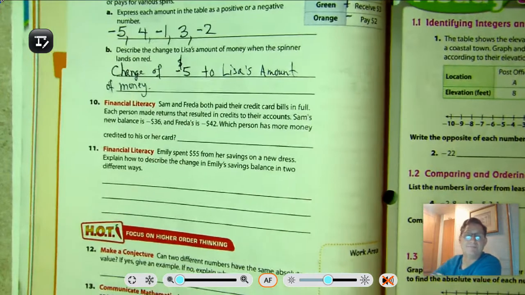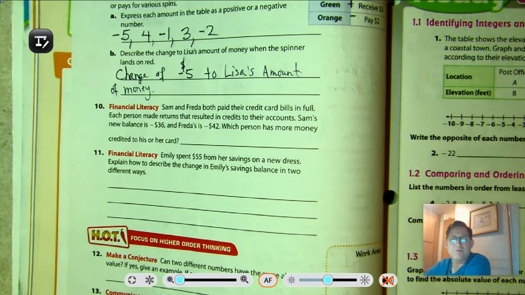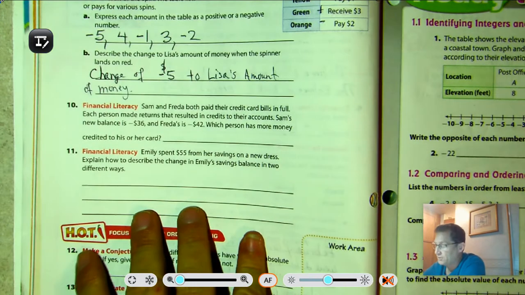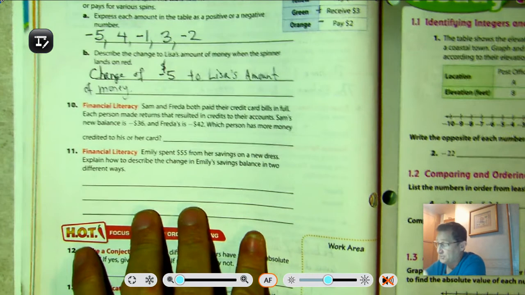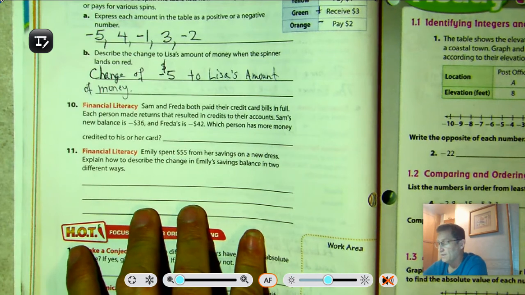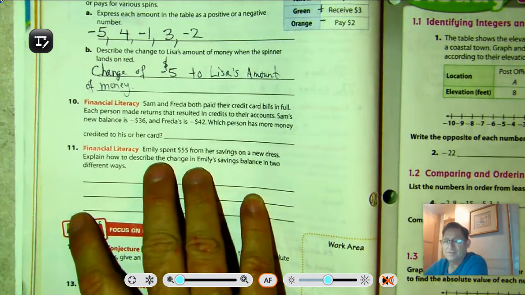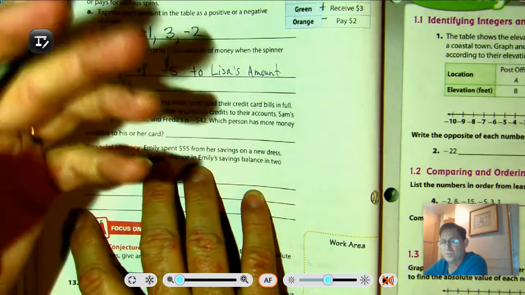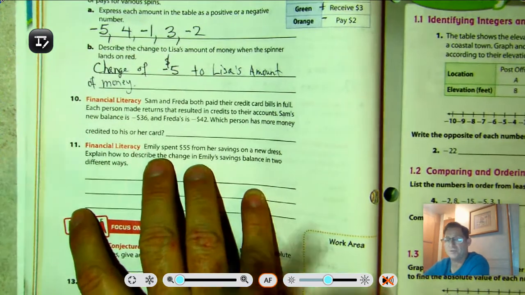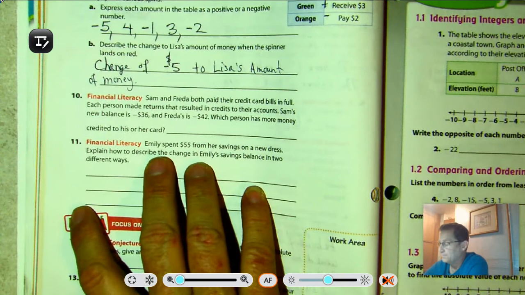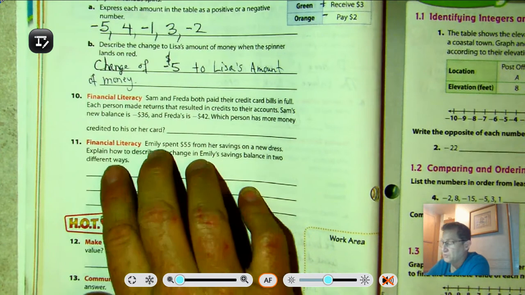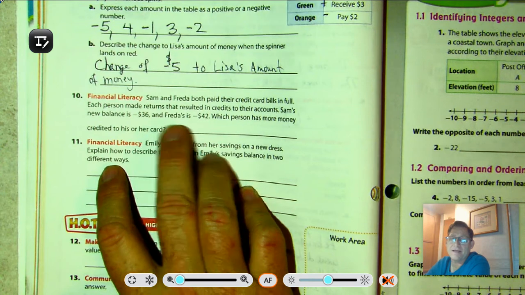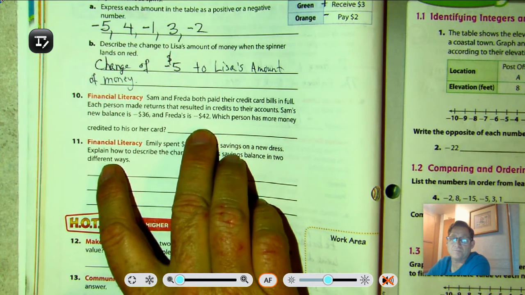All right, 10. Sam and Freda both paid their credit card bills in full. Each person made returns that resulted in credits to their accounts. So that means you bought a shirt, and you really didn't like it, so you took it back to the store and the store credits that amount of the shirt to your credit card. So Sam's new balance is negative 36 and Freda's is negative 42.